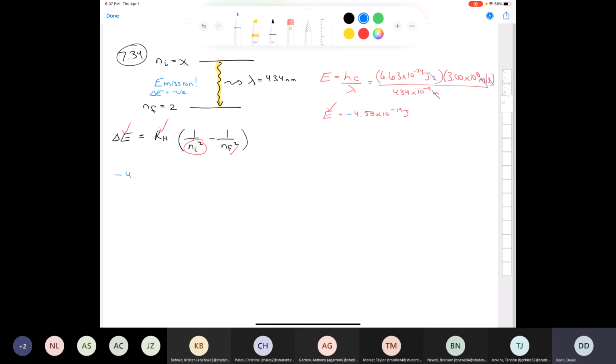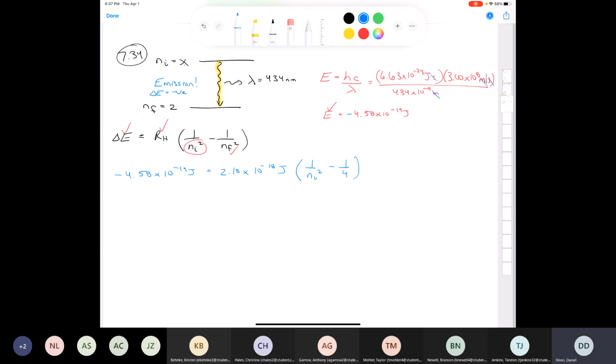Now we can start putting some numbers in. So we've got negative 4.58 times 10 to the negative 19 joules, which is equal to 2.18 times 10 to the negative 18 joules, multiplied by 1 over n initial squared, subtract 1 over, you guys can square 2 in your head, so 1 over 4, like that. Now we can simplify it.